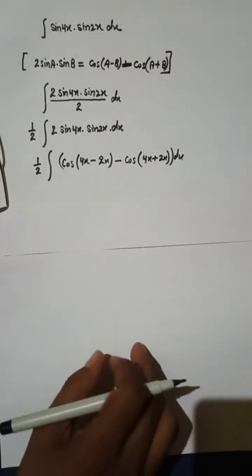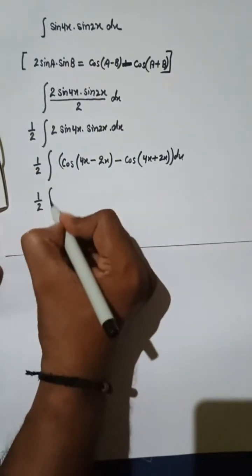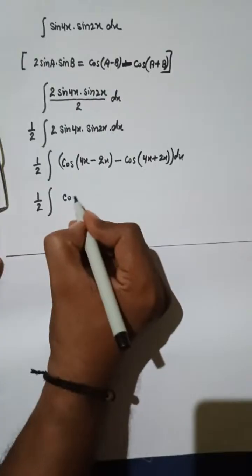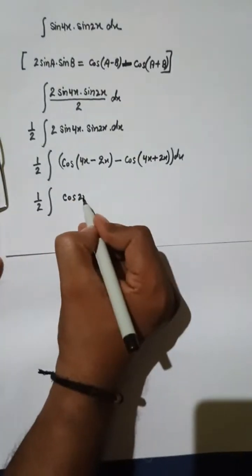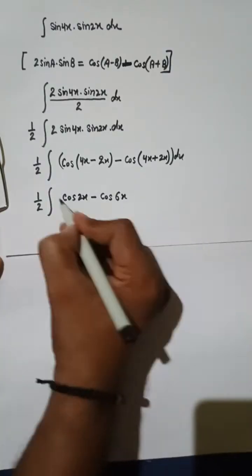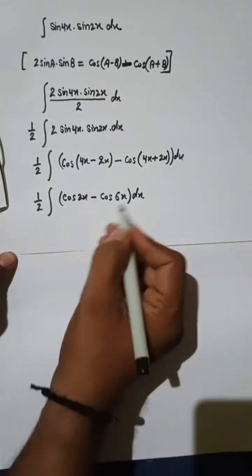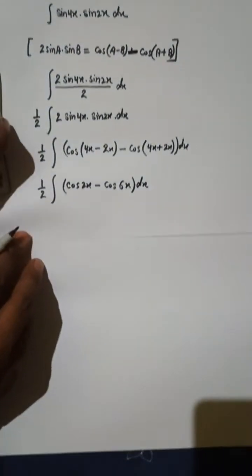Now we are just going to solve this one. 1 by 2 integration of cos 2x minus cos 6x, then dx. Further, I can put this one separately.